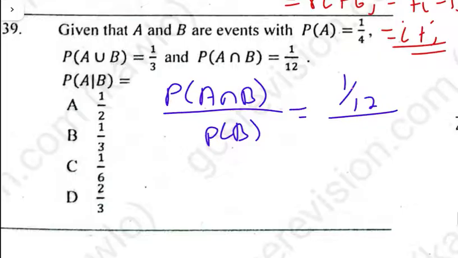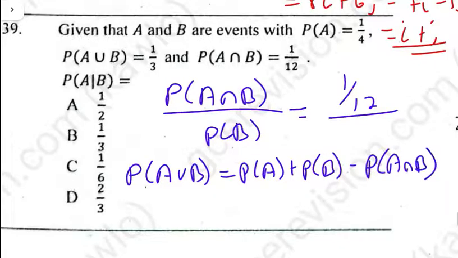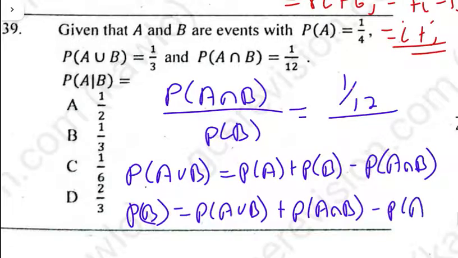Okay, so right now we need the probability of B actually. To get the probability of B, probability of A union B is equal to probability of A plus probability of B minus probability of A intersection B. So from here, our probability of B will be equal to probability of A union B plus probability of A intersection B minus probability of A. So this is going to be 1 on 12 on all of this, right?